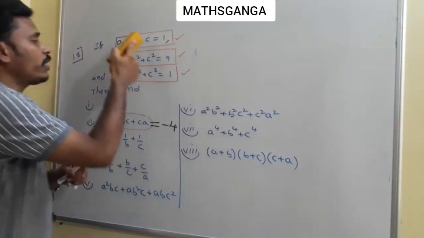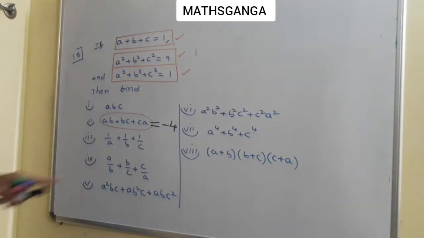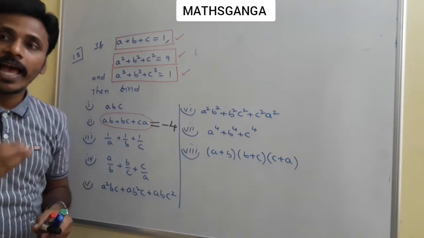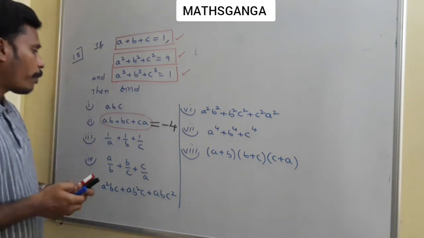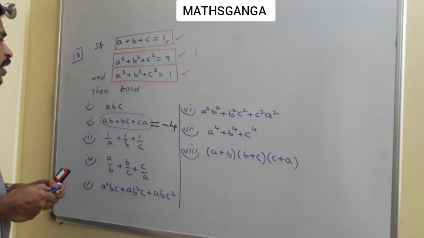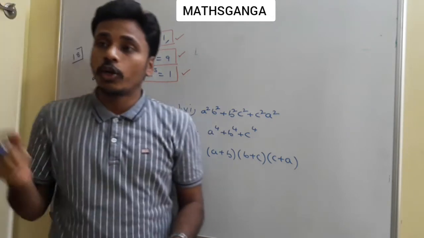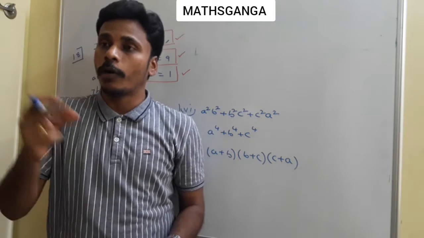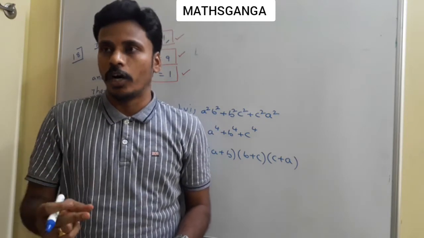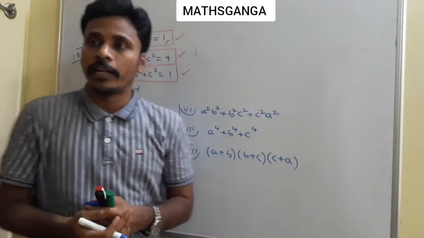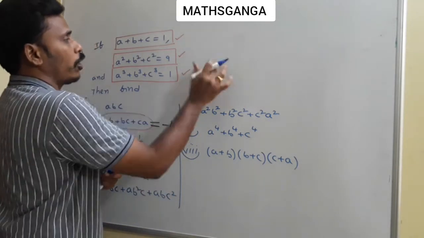Now along with these three, I have the fourth one, ab plus bc plus ca as minus 4. Now my target is to find abc. To find abc, I need to pay my concentration on a formula where abc is involved. In searching for that, I am using this particular formula again.